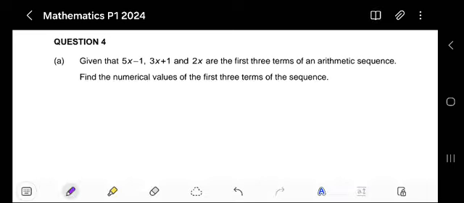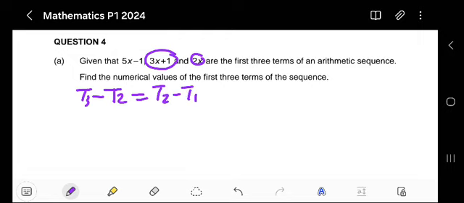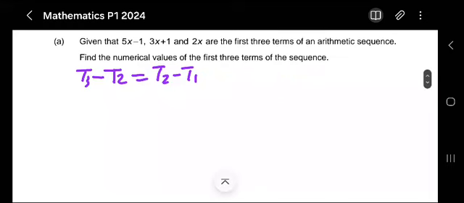We know that T3 minus T2 must be equal to T2 minus T1. We know that the common difference must be equal.